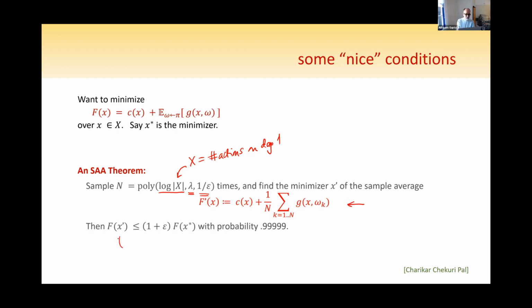Look at its optimizer. It is close in behavior to the optimizer of the original function with very high probability. So you can use this to now just reduce to the finite scenario case.